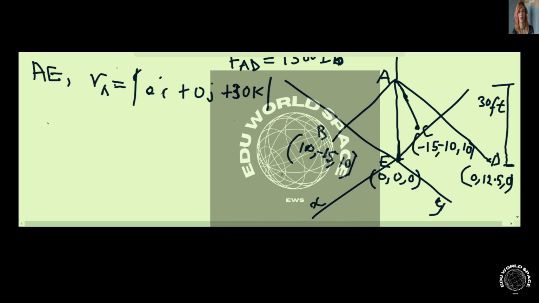So for RE, we are going to have 0I plus 0J plus 0K.